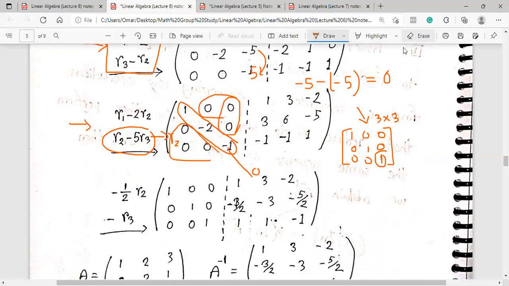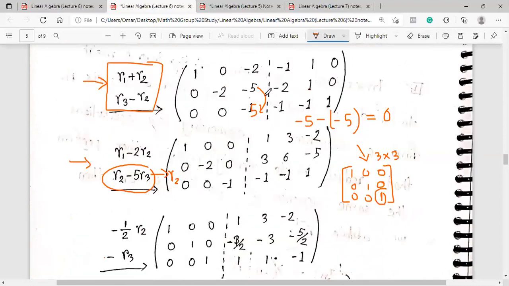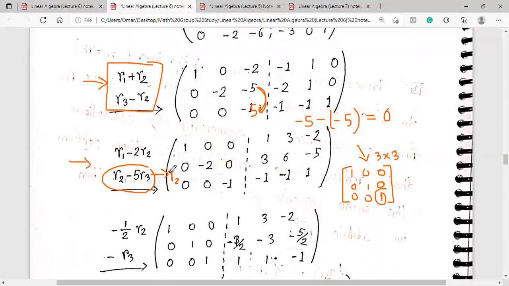That's why I put R2 minus 5 into R3 to R2, because I need 0 here. That's why I am going to write the notation this way.